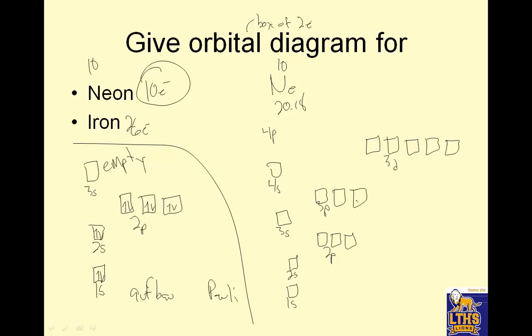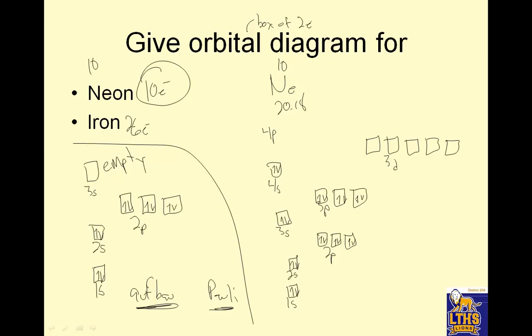If I have 26 electrons, I'm going to start filling them up. 1, 2. Start at the bottom. Thank you, Aufbau. I only put 2 in there. Thank you, Pauli. 3, 4, 5. Up, up, up. That's Hund's rule. Everybody gets 1 before anybody gets 2. Down, down, down. 2, 4, plus 6 is 10. There's 10 electrons so far. 11, 12, 13, 14, 15, 16, 17, 18, 19, 20.